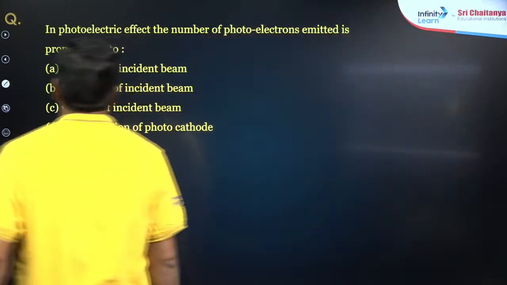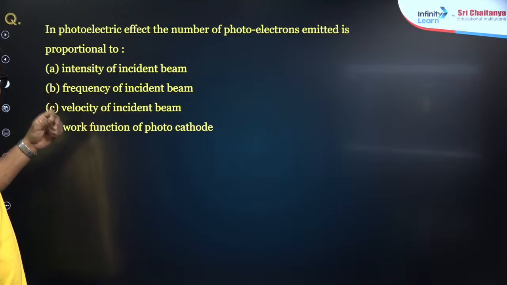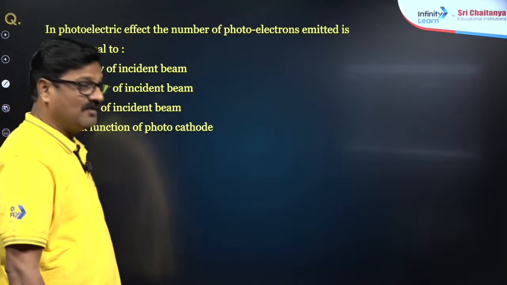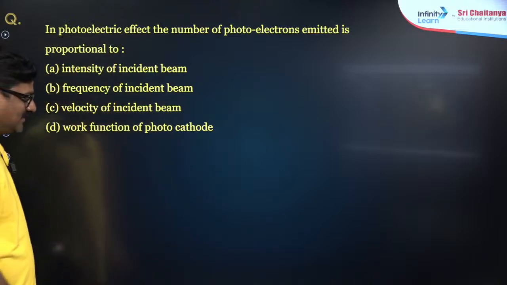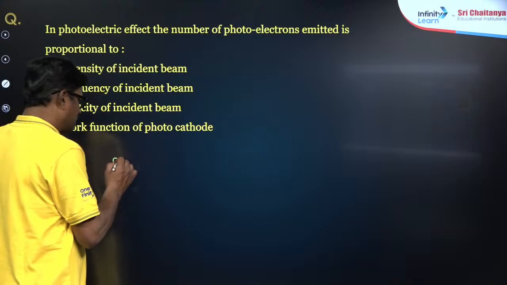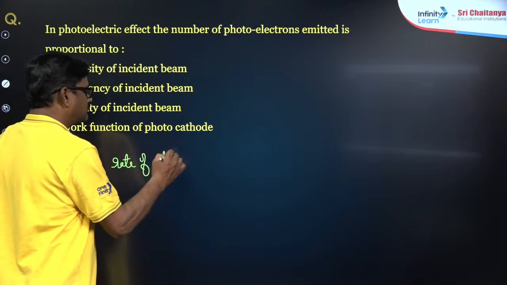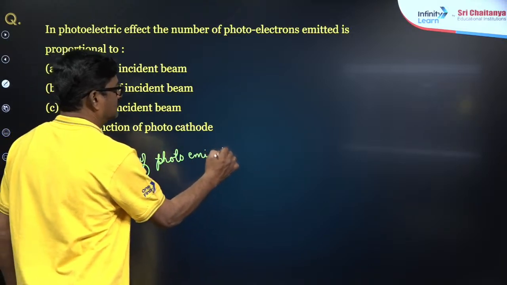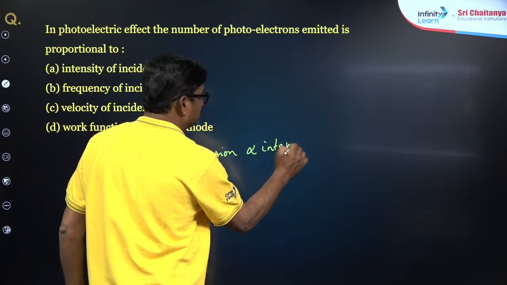Next question. In the photoelectric effect, the number of photoelectrons emitted is proportional to... we discussed yesterday, photoelectric current, rate of photoemission, is directly proportional to intensity.